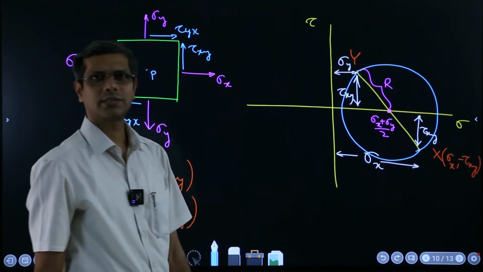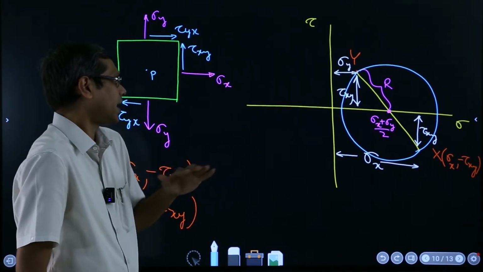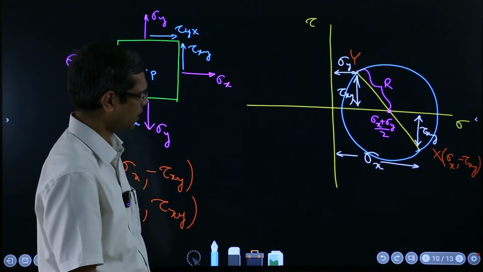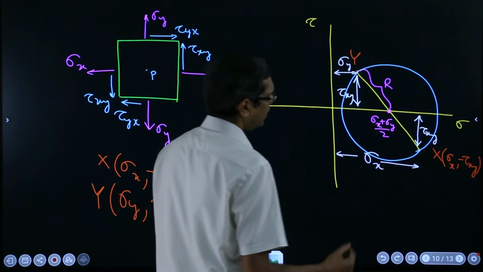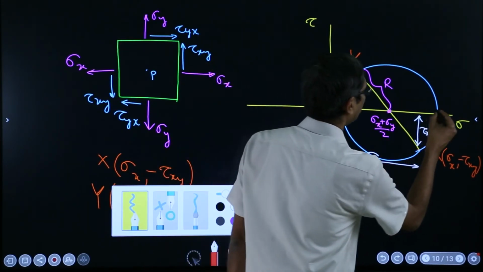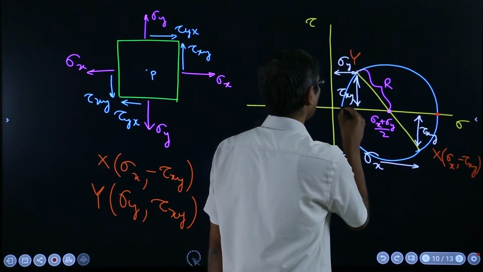Now, if you draw that circle, that is your Mohr circle, and all the data you can now read directly from this picture. Like what? See, if I go to this point and this point, what are they?